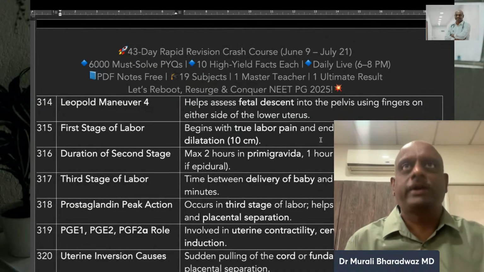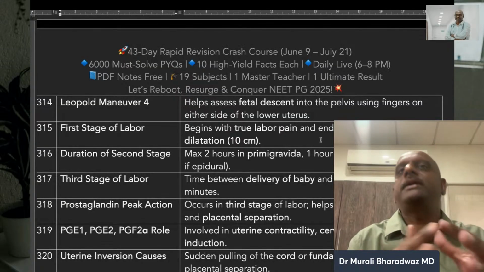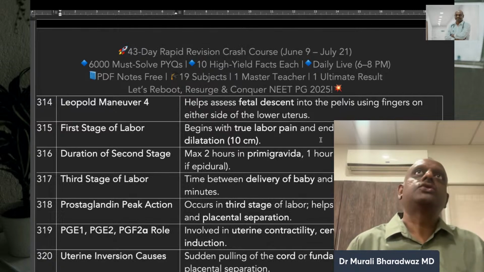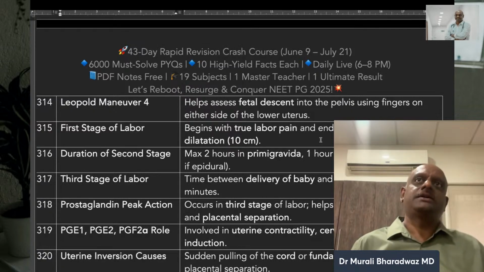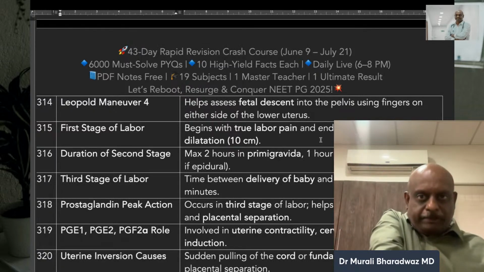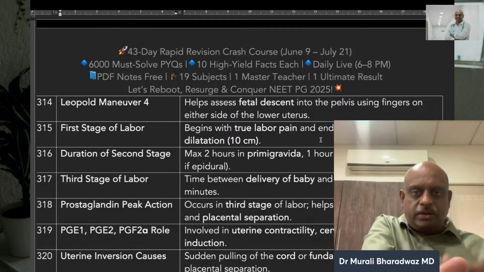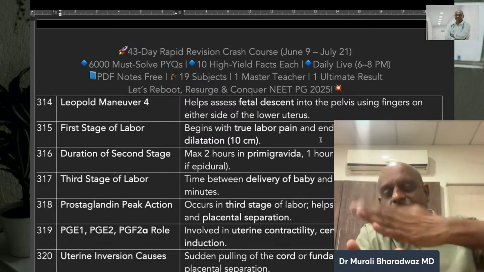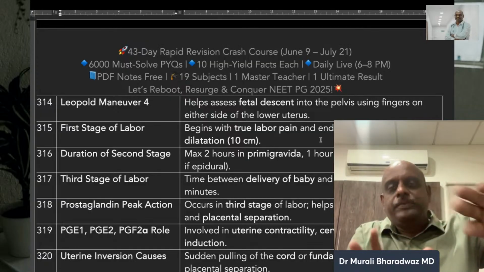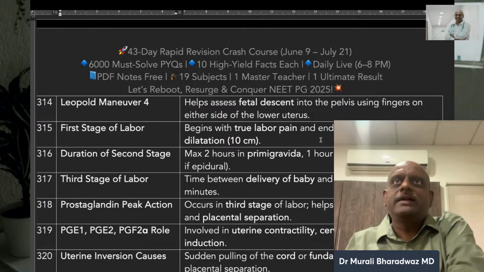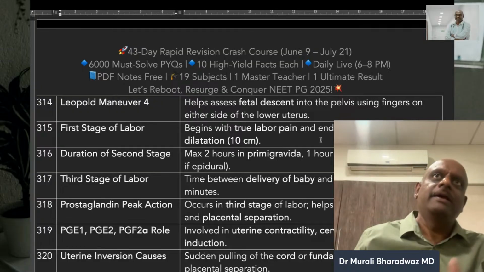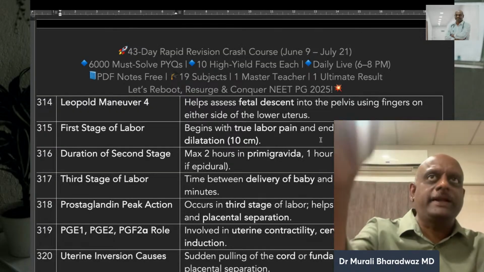Leopold maneuver 4 assesses the descent of the fetus into the pelvis, right? So how will you know the descent? If you are able to feel the edge of the skull, that means it has not yet descended into the pelvis. So Leopold 4 is for descent, 3 is for knowing the presenting part.